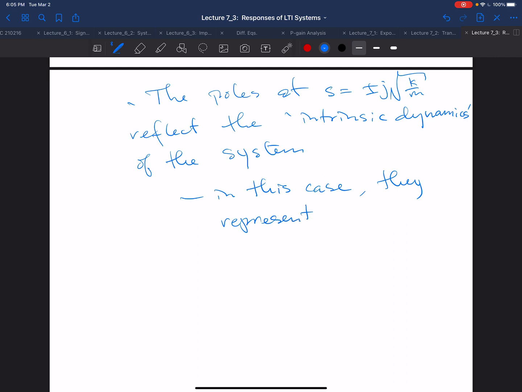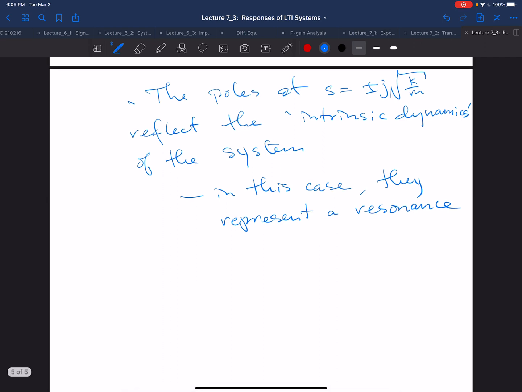And resonances like this are sometimes called natural frequencies. This is a natural vibrational mode of the system itself. So in fact, you can think of poles as a kind of generalization of this idea of a natural frequency. Natural frequency is the term that physicists often use for this kind of phenomenon.